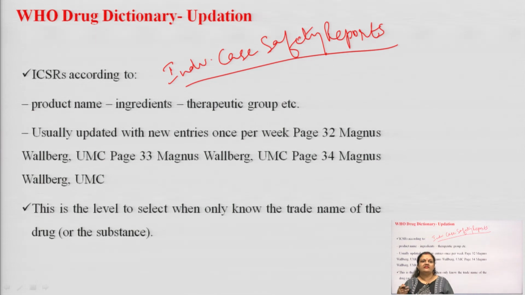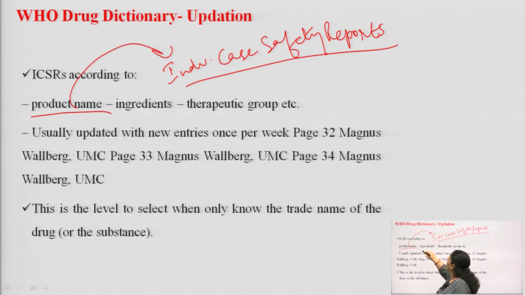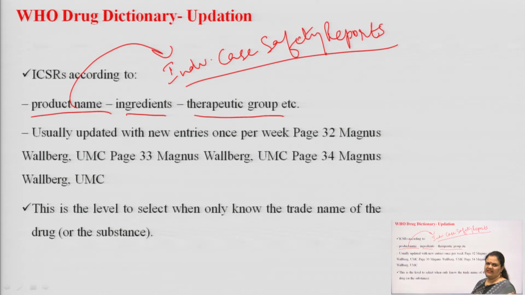So, these ICSR formats are according to the product name, the API drug which is given to that individual, their ingredient, the main API ingredient of the product, then their therapeutic group like CNS, CVS, GIT, urogenital or treatment, etc. Usually, the WHO drug dictionary format is updated with new entries once per week, which you will find on page 32 Magnus Wellberg.